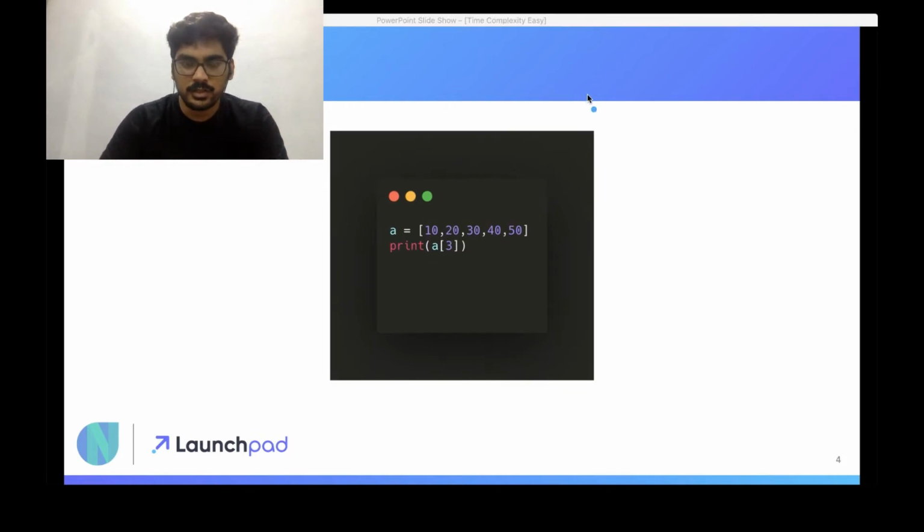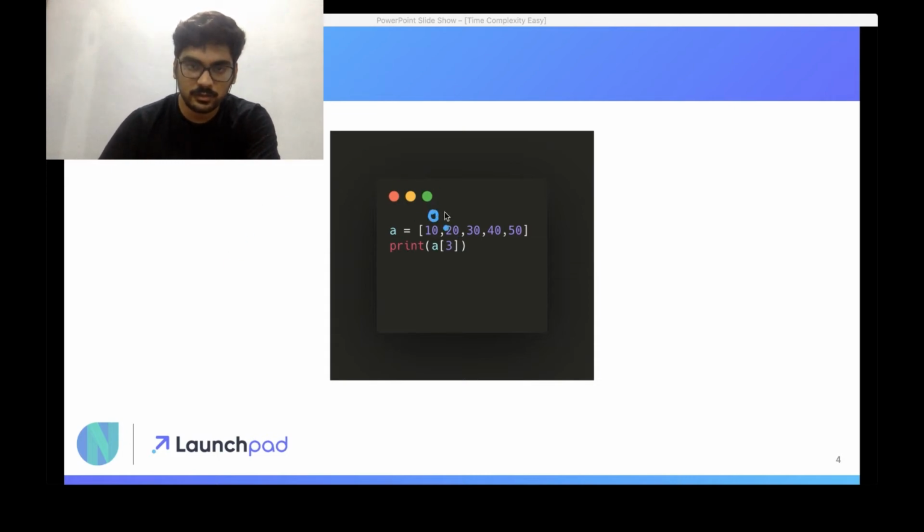Okay, now let's have a look at the second example. You can see an array here. Now you want to access the third index. That is index 0, first index, second index and third index. So how can I access it?